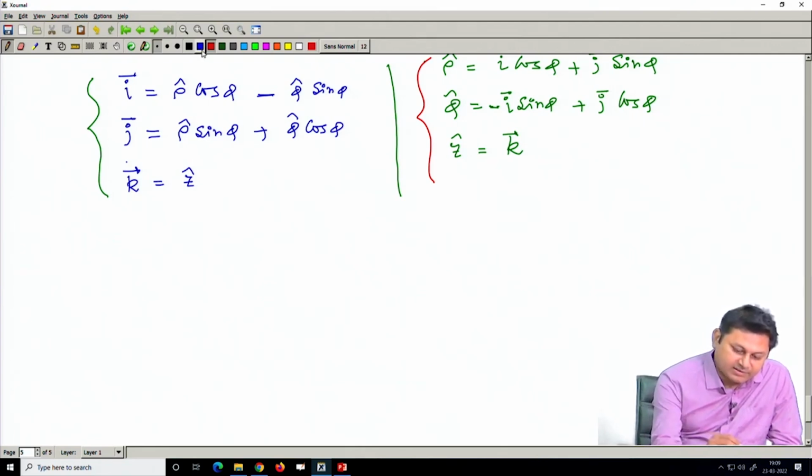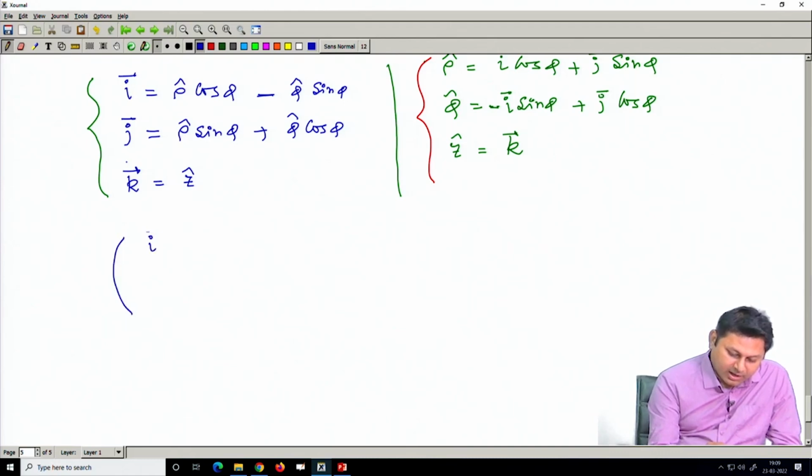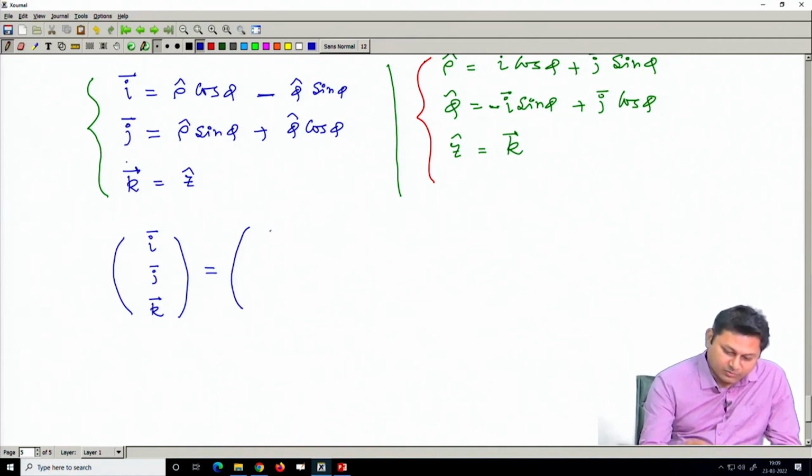So, if I write this transformation in a matrix form, I simply write i, j and k here. This side, if I write in matrix form, it should be simply cos phi, minus sin phi and 0.